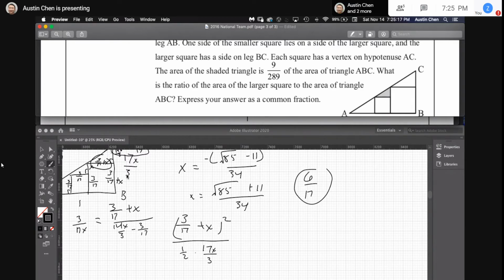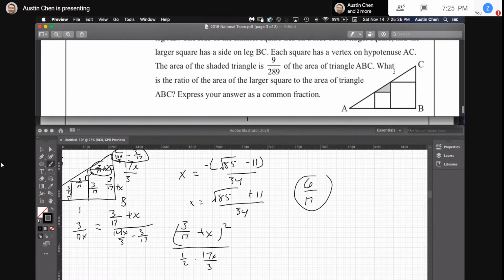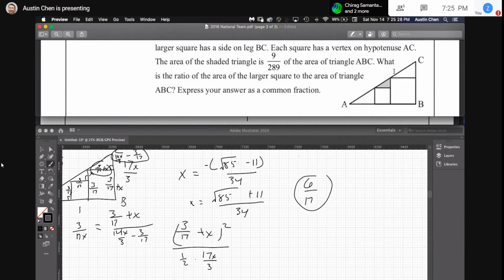The algebra is kind of bad-ish, but it's not that bad. There are probably also a lot of other ways to solve this, maybe doing it with the actual area ratios, but I think putting it into the one-dimensional ratio would be a little bit better.